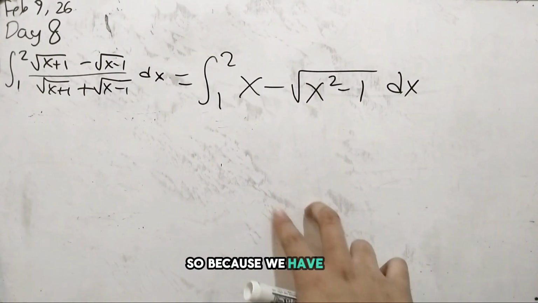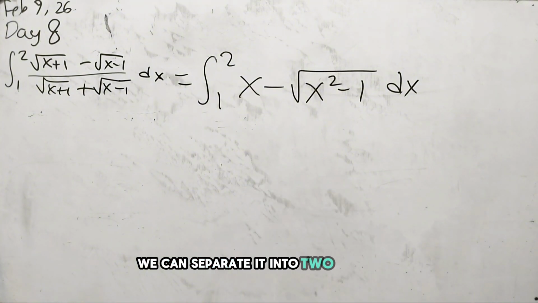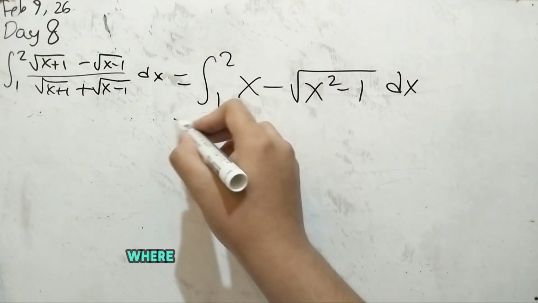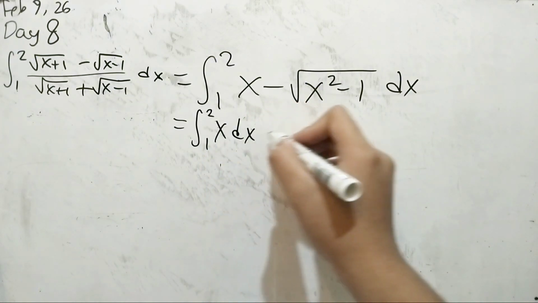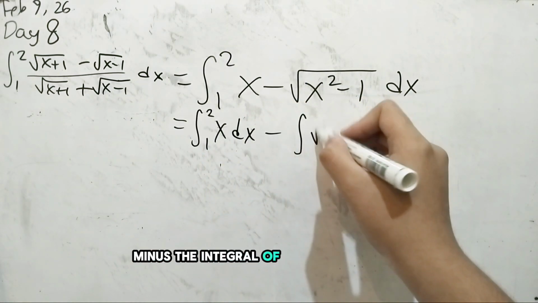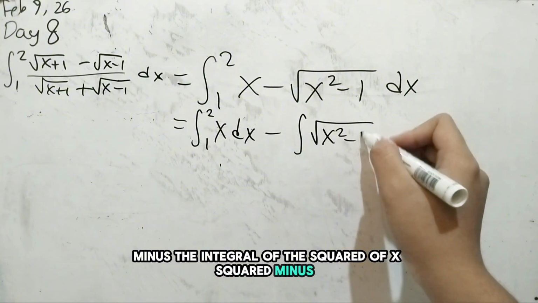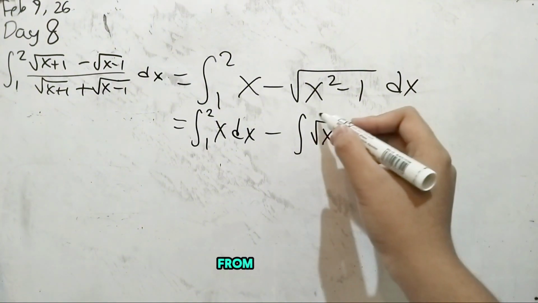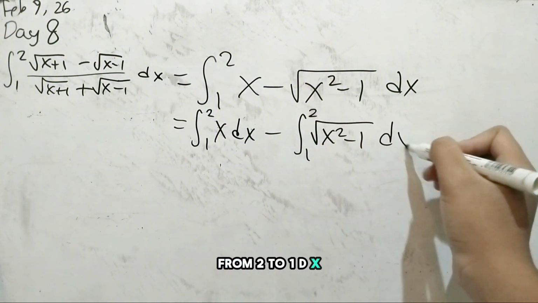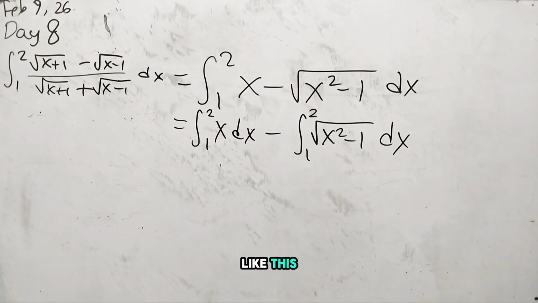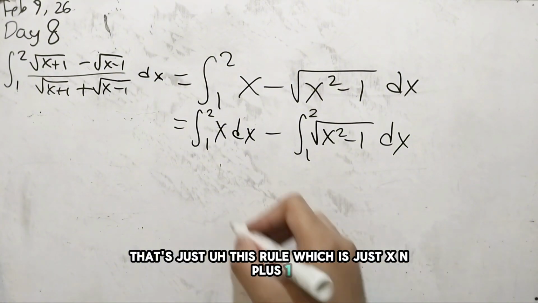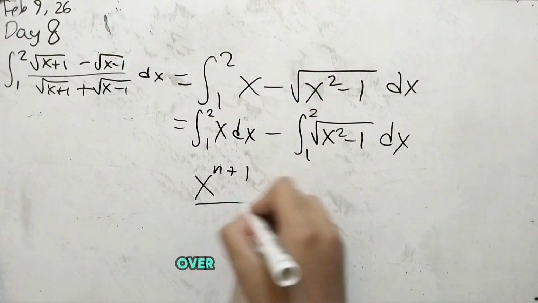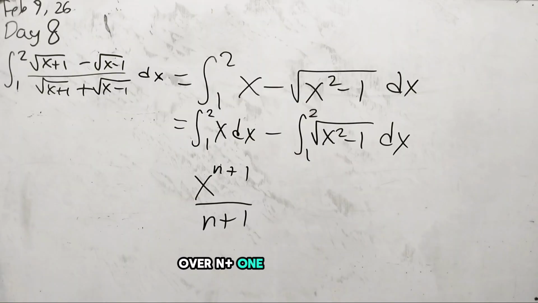So because we have this, we can separate it into two integrals, where we have the integral from 1 to 2 of x dx minus the integral of the square root of x squared minus 1 from 1 to 2 dx, like this. What is this? Well, it is very popular. That's just this rule, which is just x to the n plus 1 over n plus 1, like this, guys.